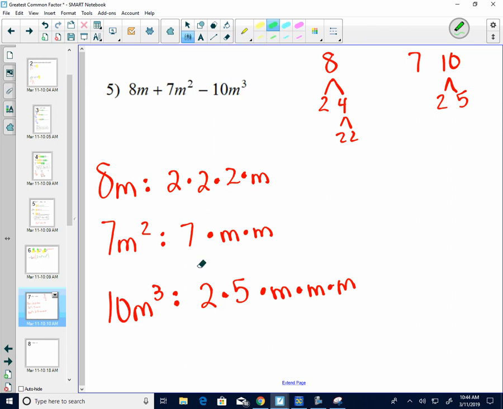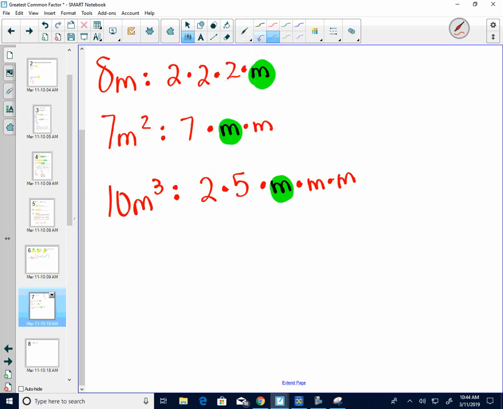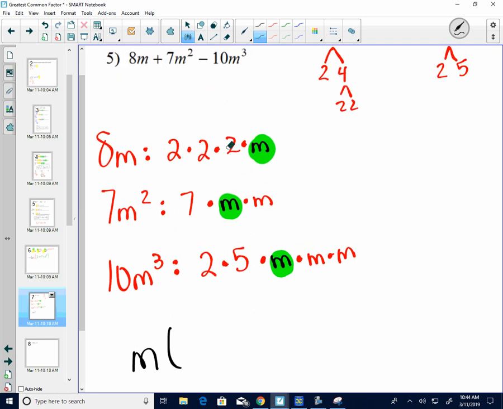And in this case, they have no numbers in common because of this 7 being prime. They all have at least one m. So in this case, what I'm pulling out is just an m. So I pull out an m. In the first term, I'm left with 8, because 2 times 2 times 2 is 8.